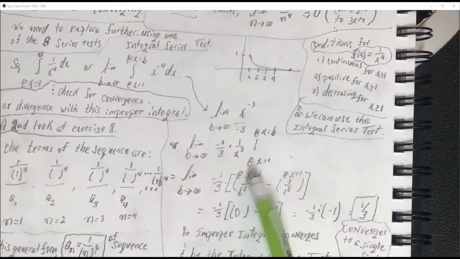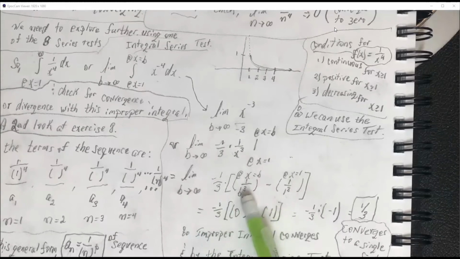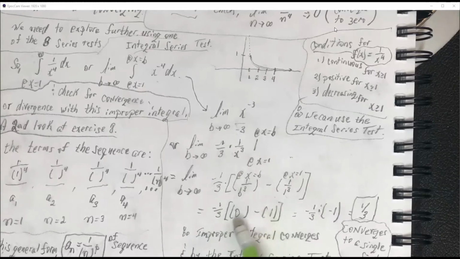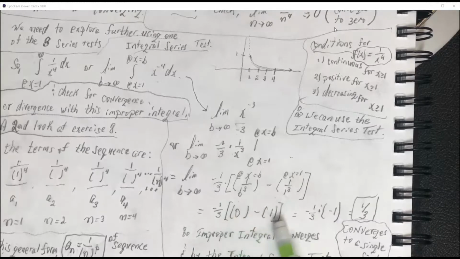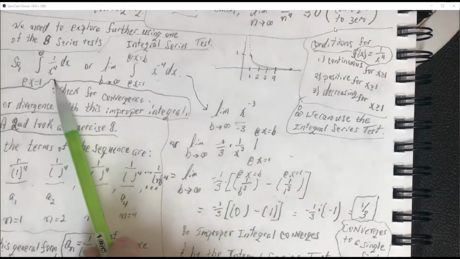The limit as b approaches infinity of 1 over infinity cubed: 1 over a larger and larger number gets closer and closer to 0. So now we can simplify this, and 0 minus 1 is -1, times the -1/3 that's been waiting multiplied out in front, and we get +1/3 as our single finite numerical value for this improper integral that was way up here.